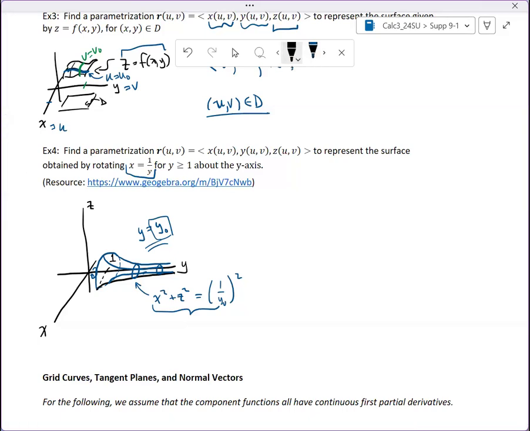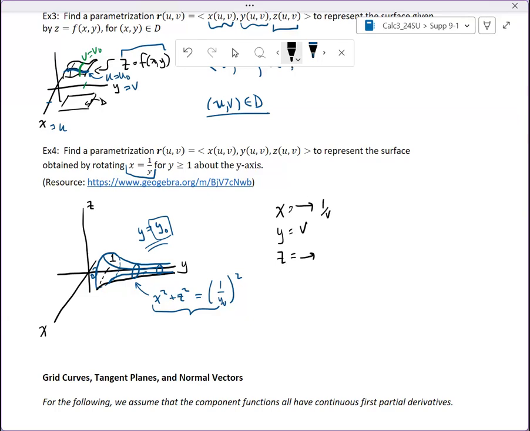So what can I do then? Well, I need to find x, y, and z in terms of u and v. Let me maybe just choose to set y equals v. And then I want x and z to represent a circle of radius 1 over v.